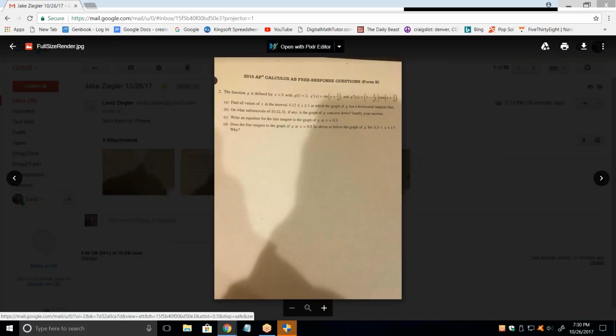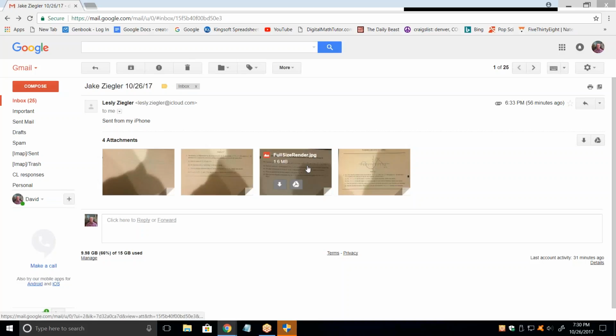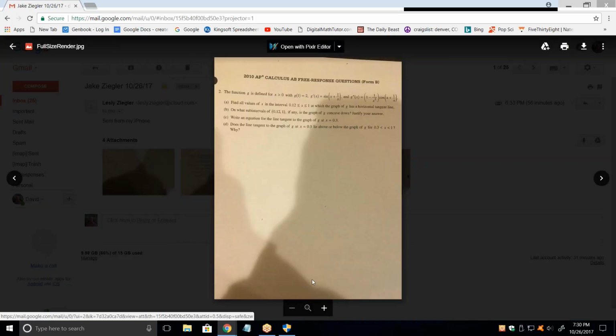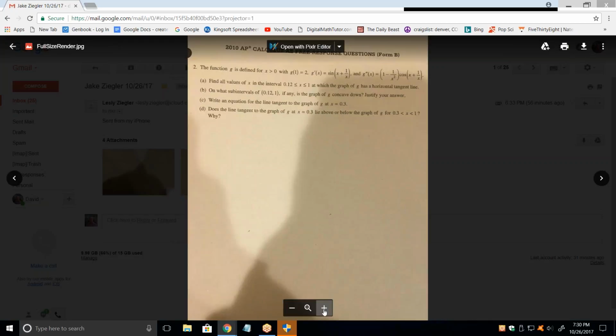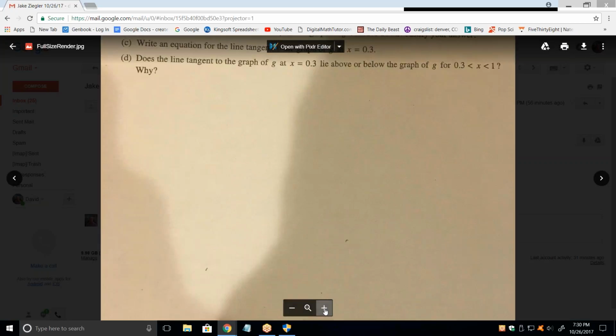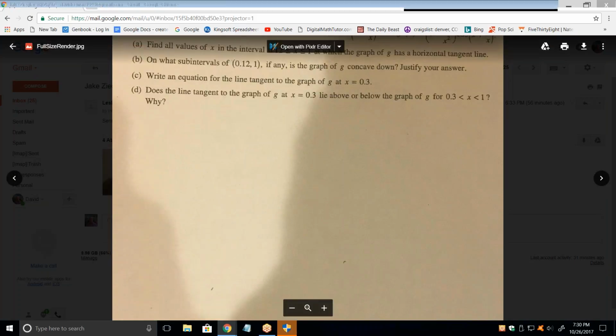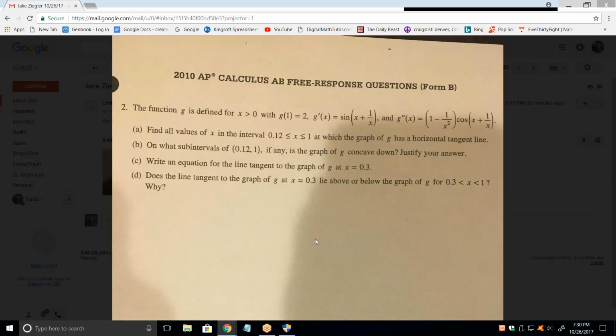This one here? No, it's a different one. I suppose it doesn't really matter which one we look at, does it? You don't have any preference? Nope, I can't tell which ones are going to be easier and which ones are going to be tougher. So let's just look at all of them.